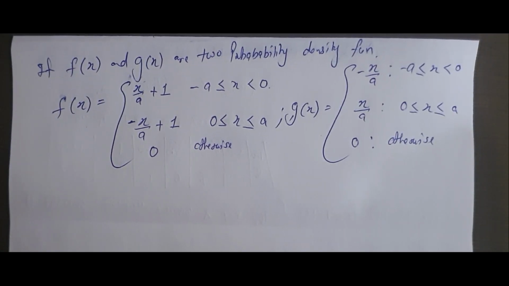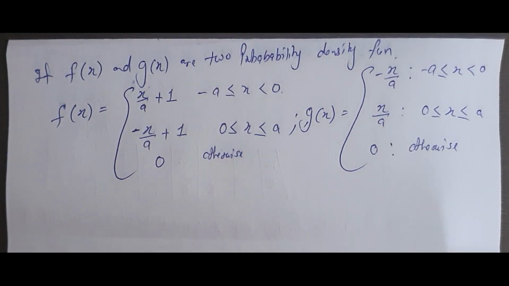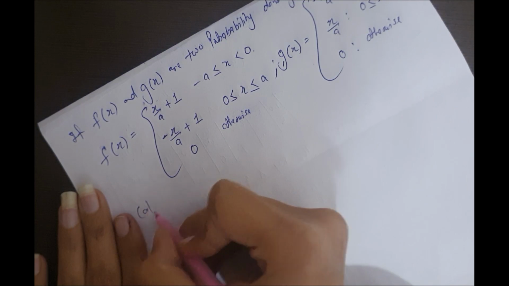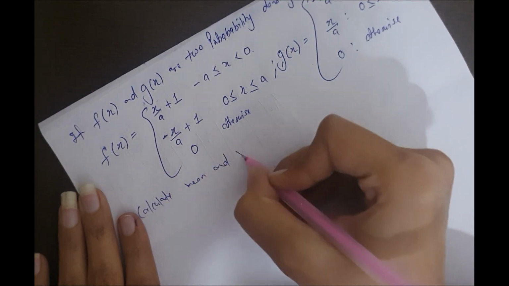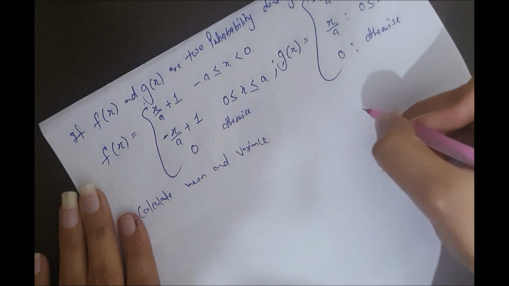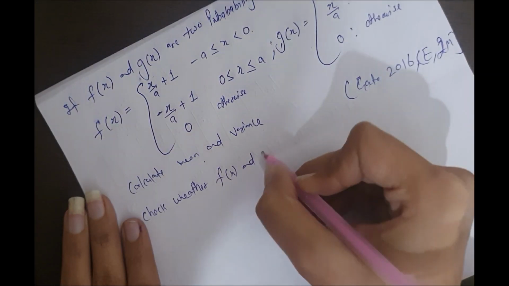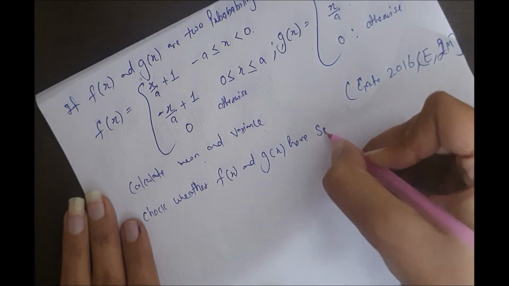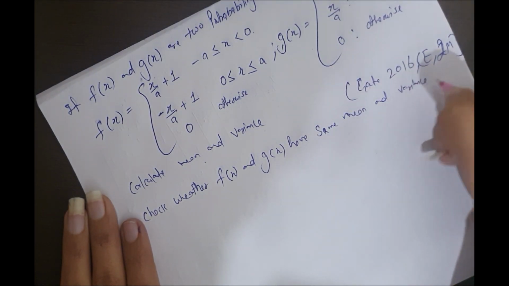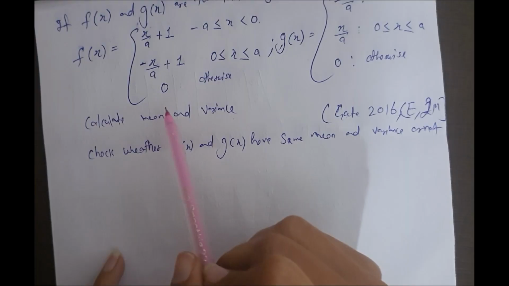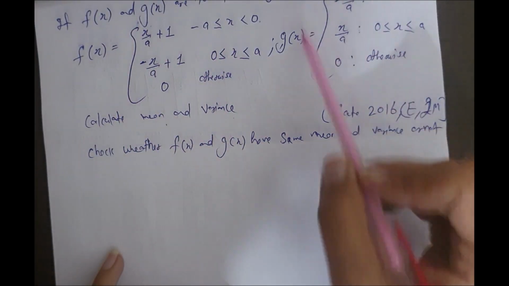If f(x) and g(x) are two probability density functions, this is f(x), this is g(x), calculate mean and variance. Check whether f(x) and g(x) have the same mean and variance or not. Firstly, we will check the mean of f(x), then g(x).